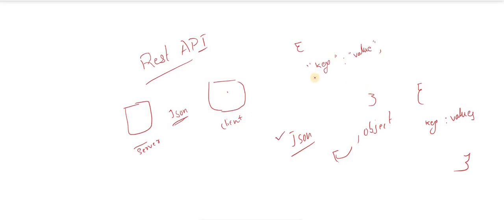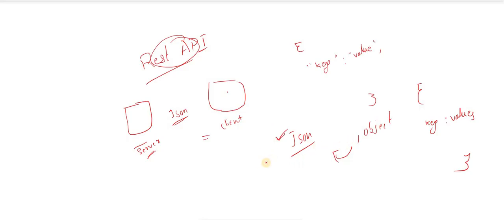JSON is a data format that puts the data in a particular structure while passing from one server to another. Here we are passing the data over the network from server to client with the help of REST APIs. That is the main reason we use JSON.